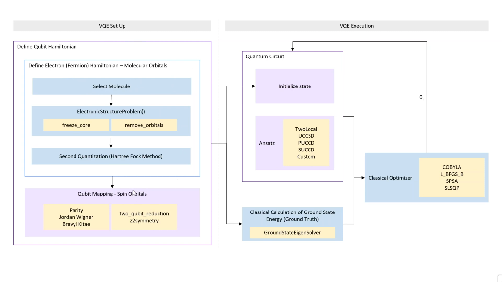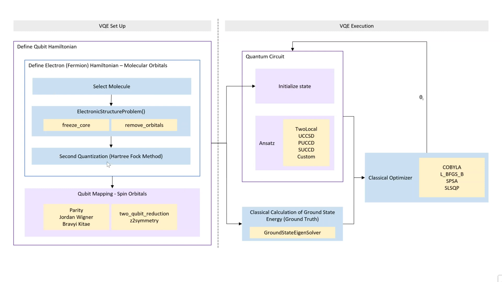You can't do the math you want if you don't convert it to a spin orbital basis, as in you won't be able to use a quantum computer or a quantum circuit to do the math you want.